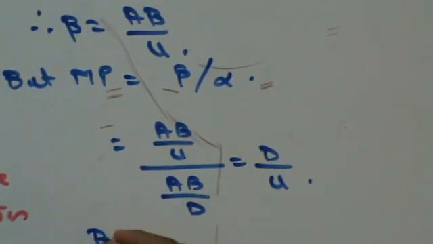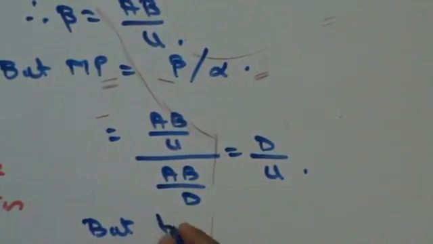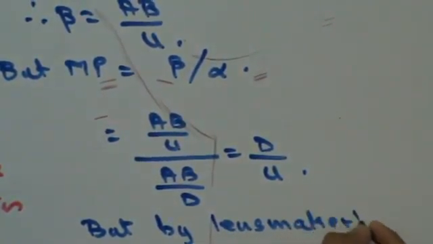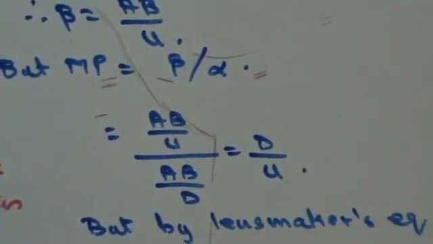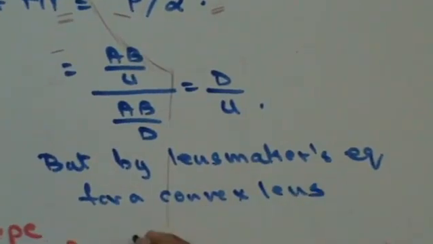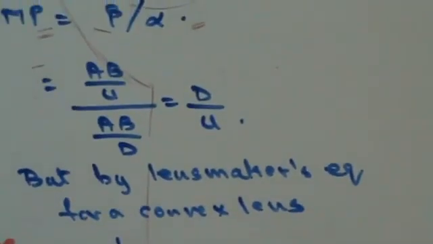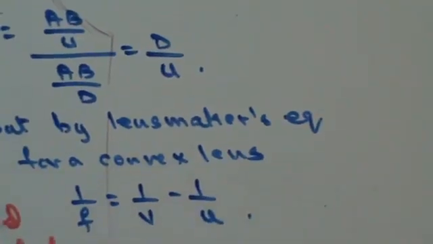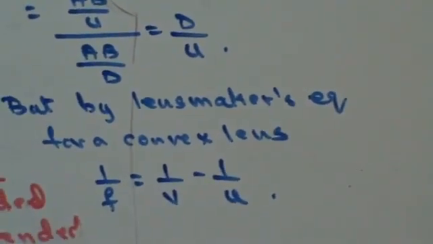But by Lensmaker's equation, for a convex lens, we know that 1 upon f is equal to 1 upon v minus 1 upon u. We've already derived this in your Lensmaker's equation.